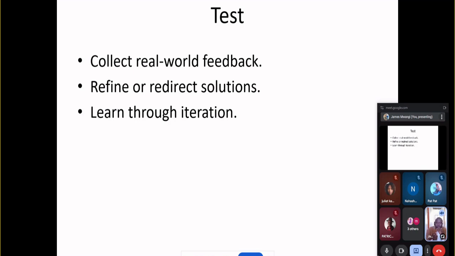You use a different solution or change the variable. So you are redirecting. You can even change the solution altogether if it's not working for that particular problem that you're working on. So you refine and redirect the solution, and you learn through iteration as you keep on changing from one to the other. Okay.